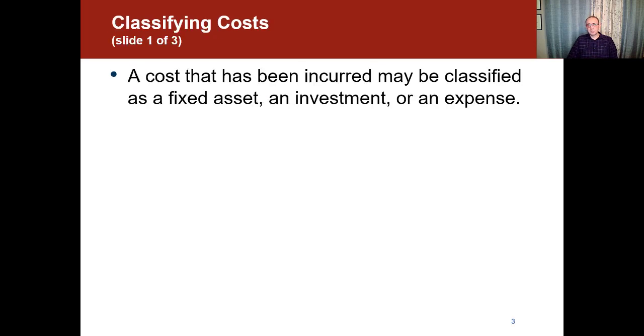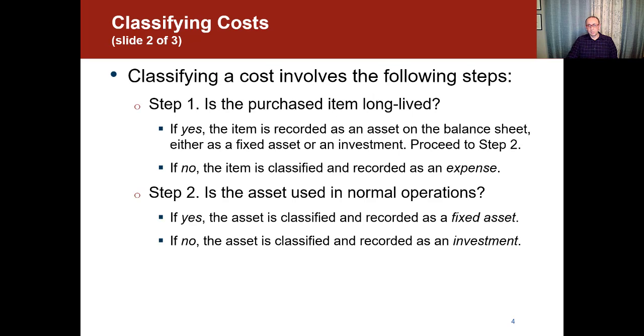So now let's classify the costs related to assets. A cost that has been incurred may be classified as a fixed asset, an investment, or an expense. So we'll see how we can make this kind of decision. It's actually a two-step process. The first step is to answer this question: is the purchased item long-lived?